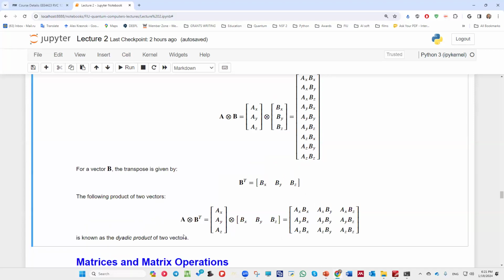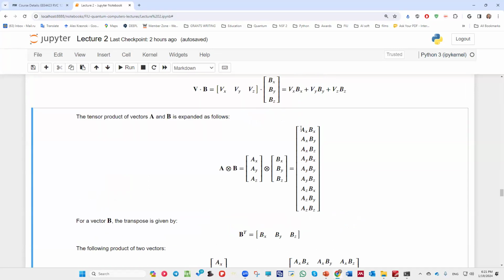Yeah, and finally about the dyadic product, which is also useful. The dyadic product is simply a tensor product, but the second vector here is taken transposed. Instead of a column vector, you transpose it and get a row vector, this horizontal vector. When you multiply this vertical vector with the horizontal vector, you get another way to represent things.